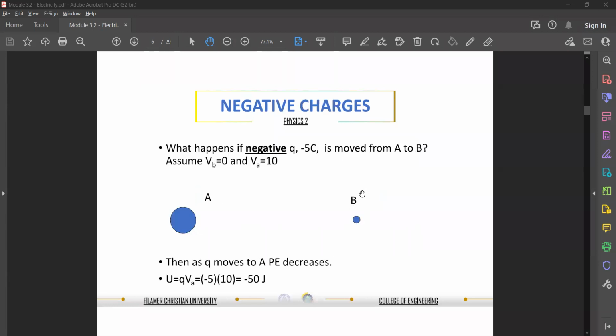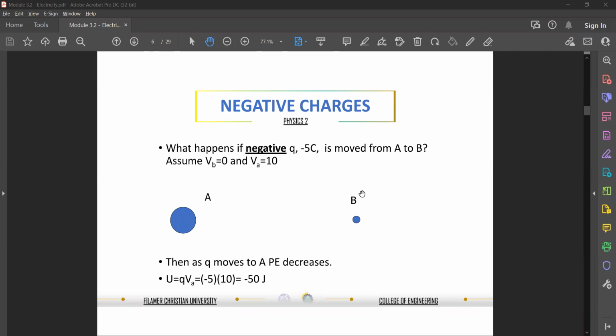What happens if a negative charge is moved from A to B? Assume the voltage at B is 0 and the voltage at A is 10, the same. Then as Q moves to A, our potential energy decreases.